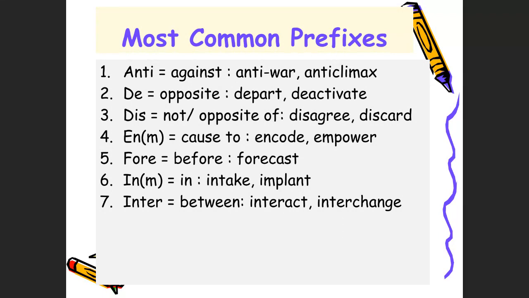Another word? Impossible, yes, impossible, very good. And finally with inter, interactive, intermediate, good. Excellent, very, very good.